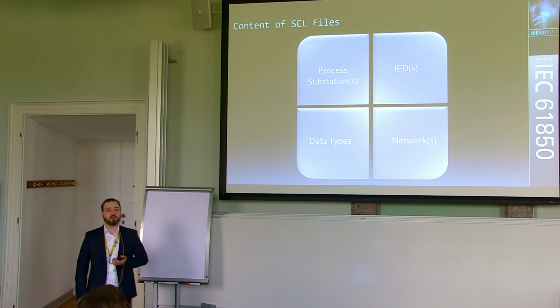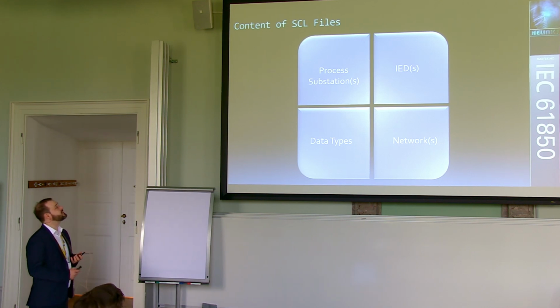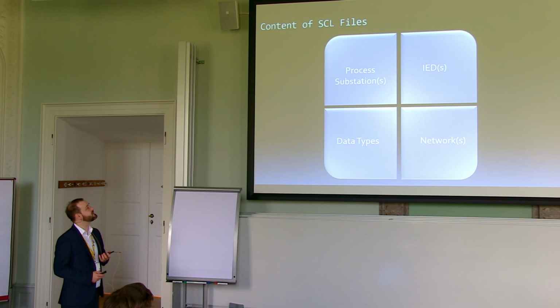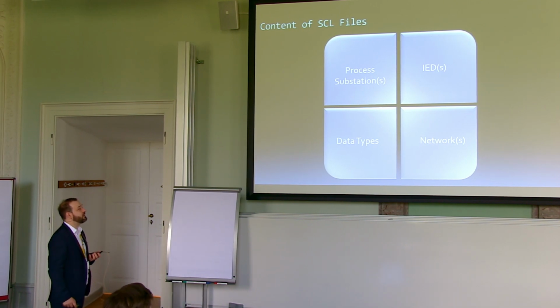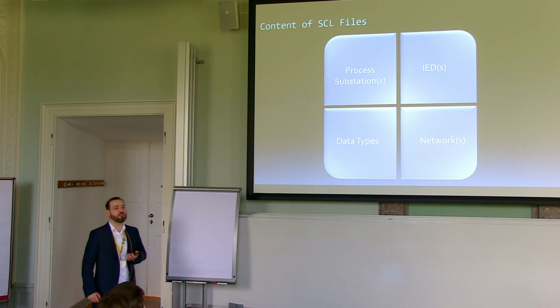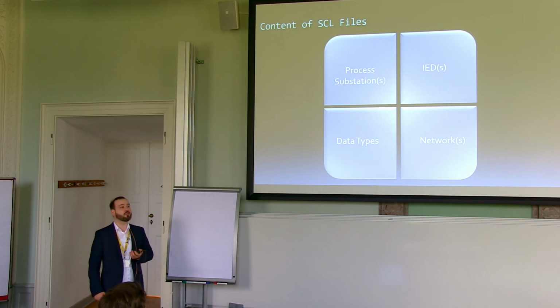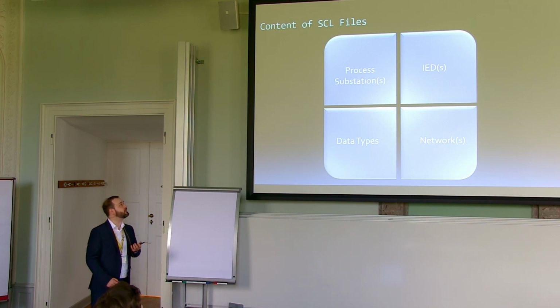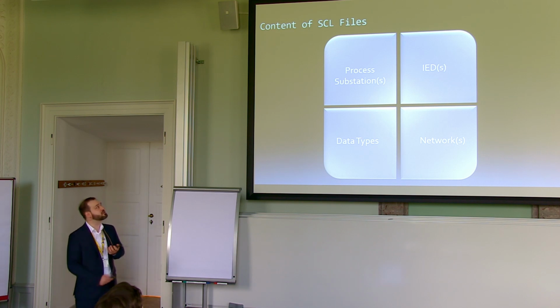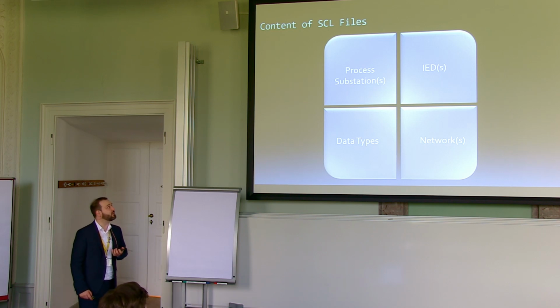In each and every one, there are 4 major sections to be found. Sometimes sections are left out. The left one used to contain only substation structural information, but by now it can also contain more general systems. So we have generic process, we have lines, we have distributed energy resources, but all in all, they have a common structural section that is mirrored to that of the substation.